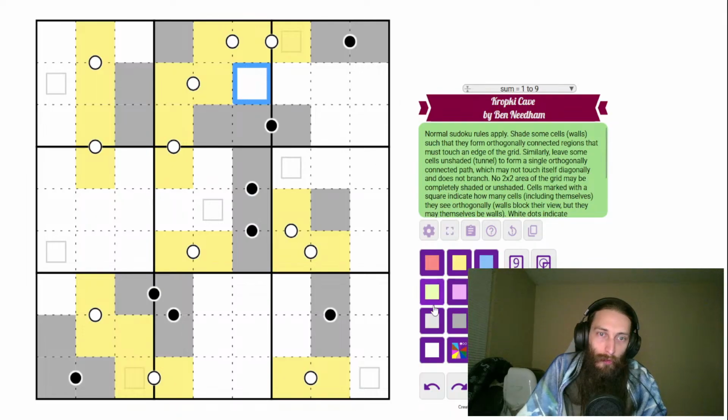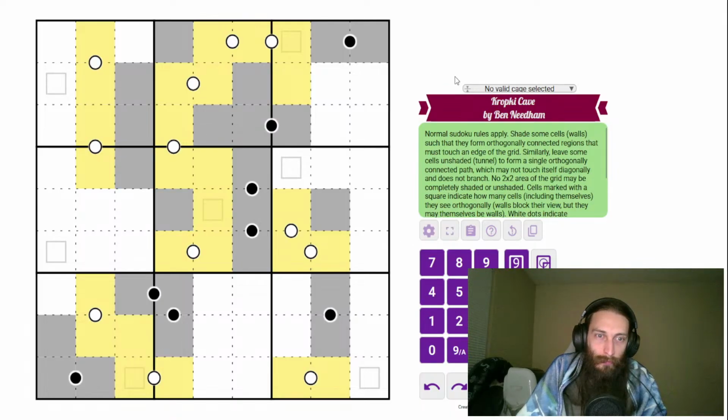No 2x2s, and if it doesn't branch, those have to be. And then it has to connect. No 2x2s, and then it has to continue. Box 3 has to continue, like you said. No, box 1, it doesn't branch.